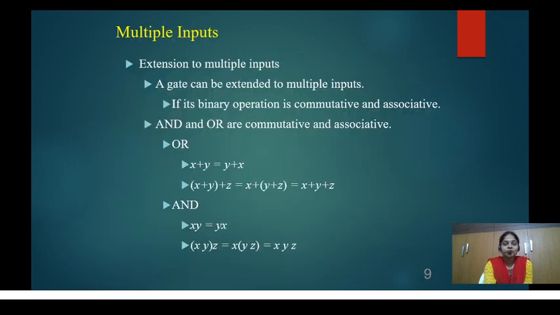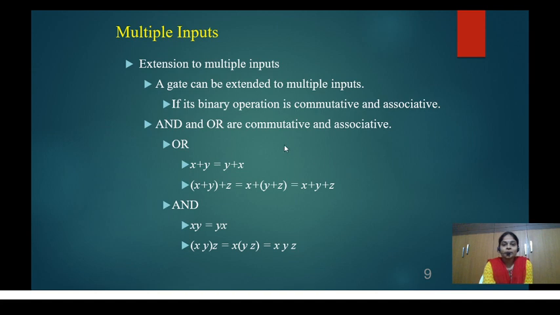Now the extension to multiple inputs. In previous videos we have seen only 2 input AND gates and 2 input OR gates. Multiple inputs are also possible for the AND gate, OR gate, or any gate.